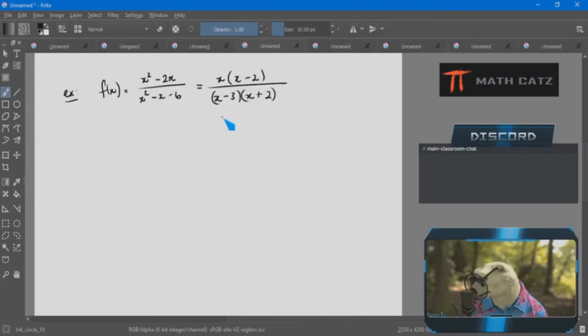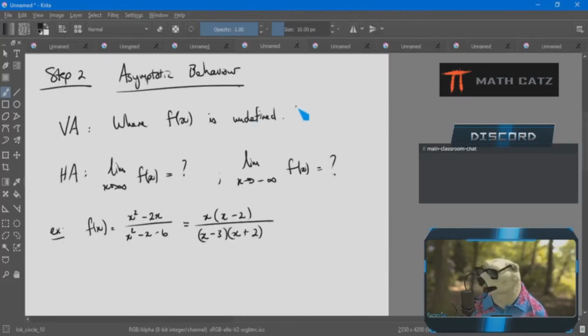Technically speaking, the vertical asymptote is going to be at some x equal to c when the limit as x approaches c of my function is plus or minus infinity, technically.